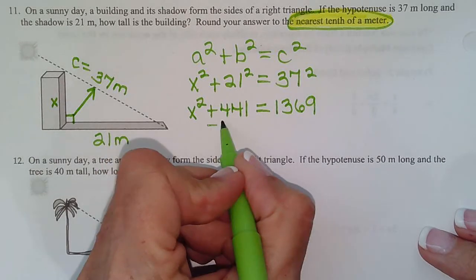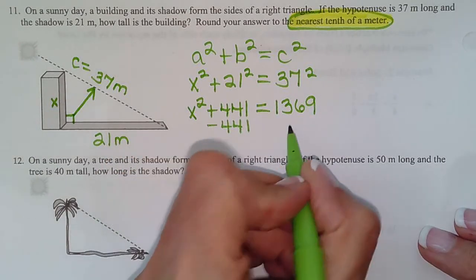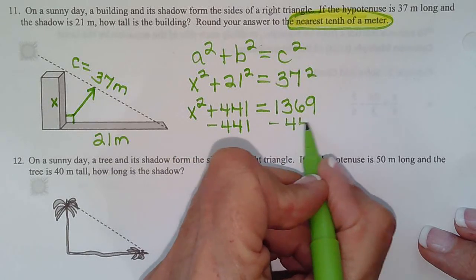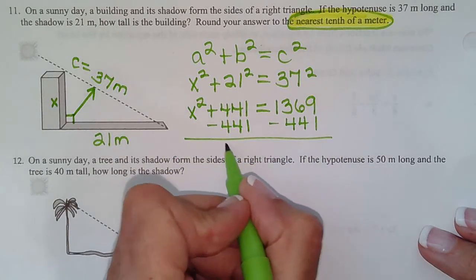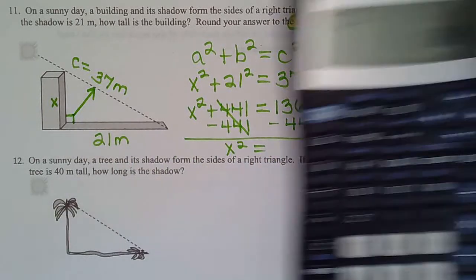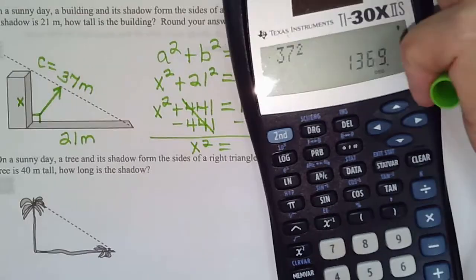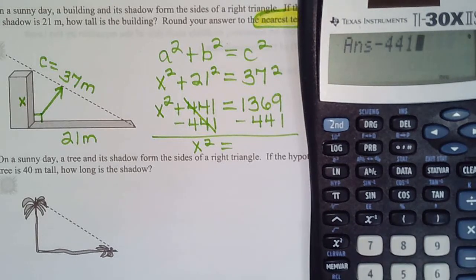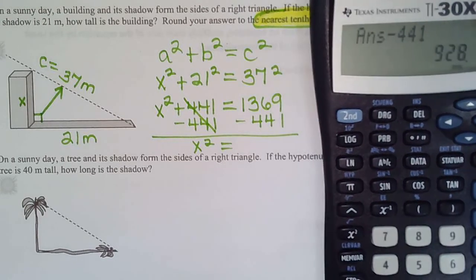Then we want to subtract 441 from both sides because we're trying to find the height of the building, which is X. So minus 441. So we get X squared equals, so 1369 is still in our calculator. So then we can just do minus 441, and that gives us 928.